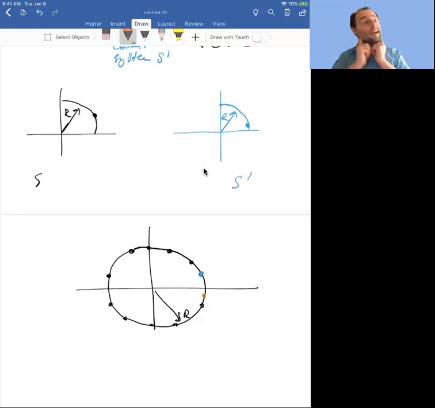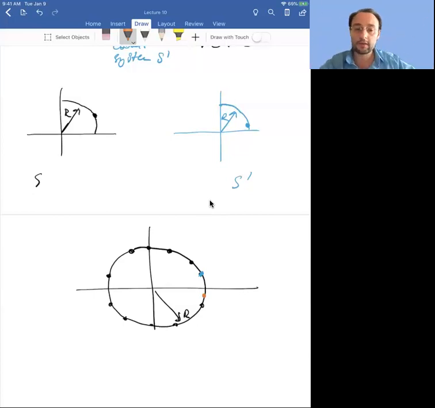All I'm saying is that depending on how you turn your head, that house, or sorry, that tree will be at a different angle relative to you. That's all I'm saying. I'm not saying anything fancy. I'm sort of calling your attention to the obvious. Depending on how you turn your head, the tree is either here or here or here, and then you realize, oh, in all these coordinate systems, there is an invariant, that's r, and a set of points in all these coordinate systems forms a circle. Okay, I hope you understand this.